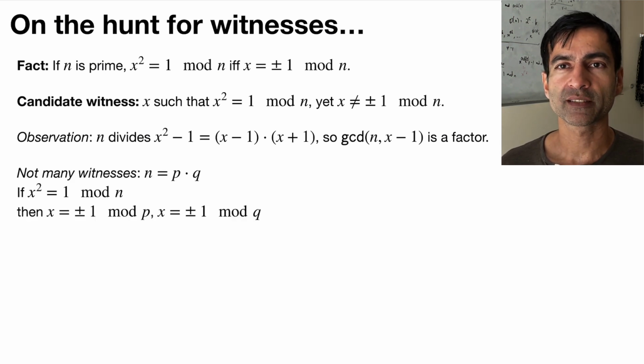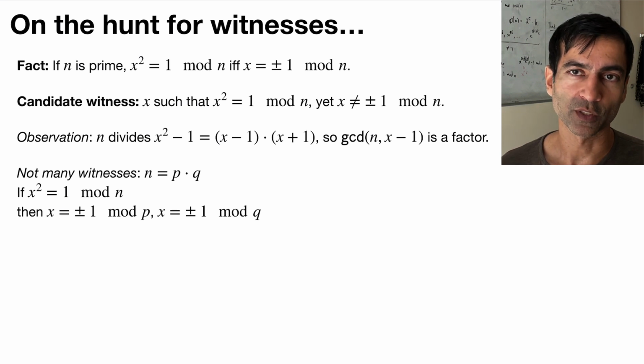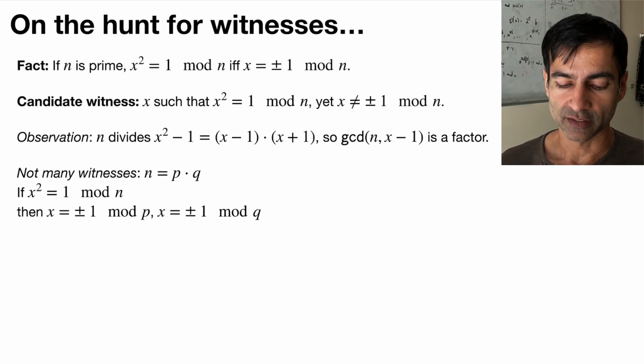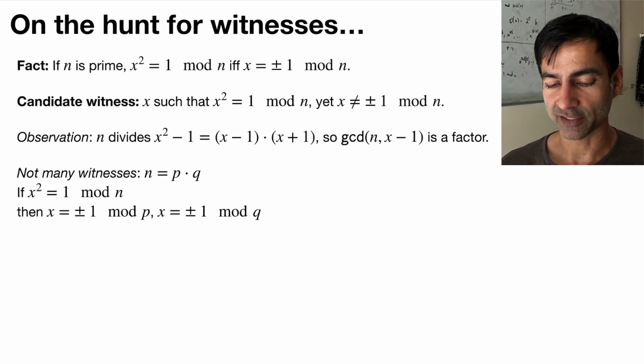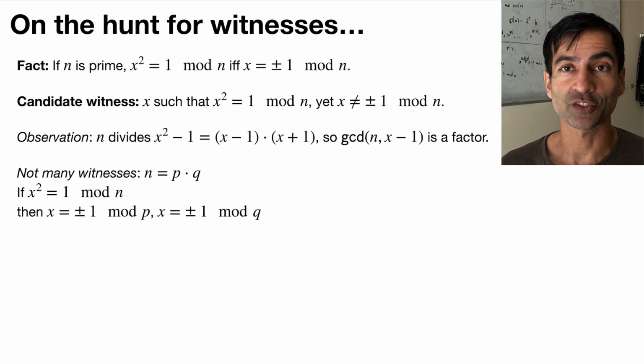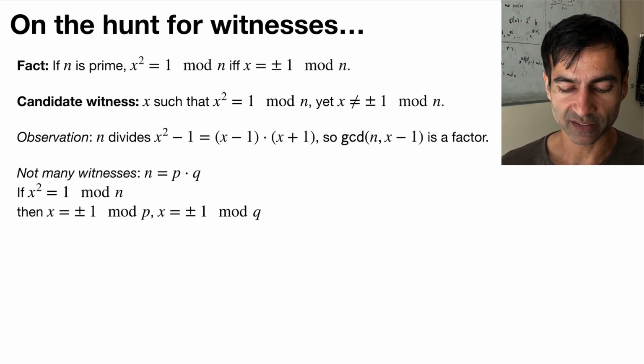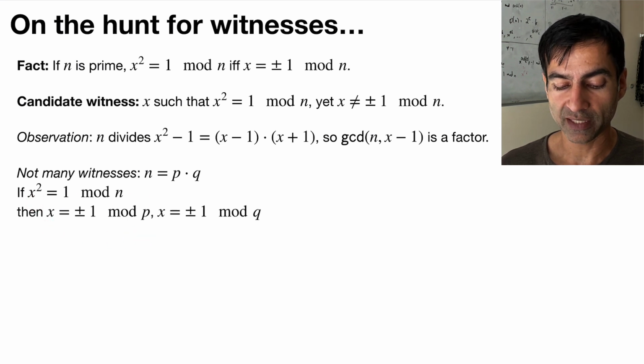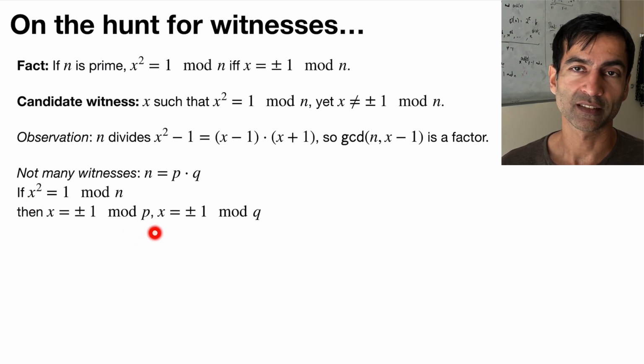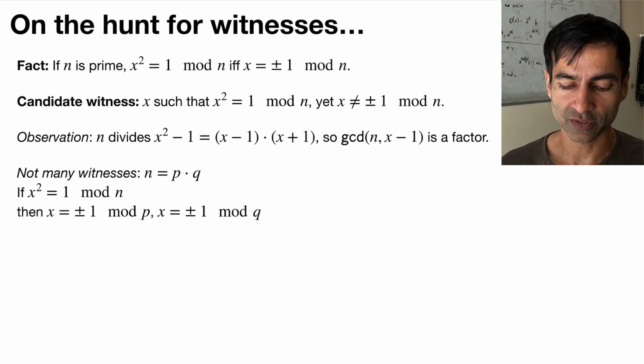But the problem with this witness is that there are not many of them, so they're going to be hard to find. In particular, if n is just the product of two primes, then it's easy to see that there are only 4 such potential witnesses, because if x squared is equal to 1 modulo n, then modulo p x can have only the boring square roots, plus 1 or minus 1, and modulo q, that's also true.